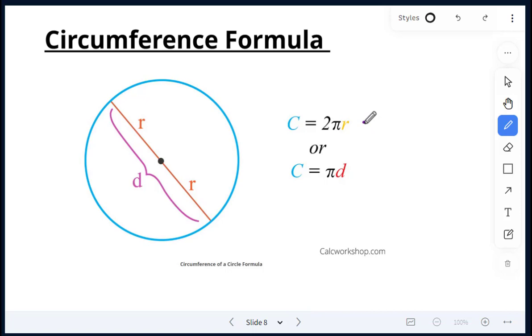You can use the formula C equals 2 pi r. C stands for circumference. This is the symbol for pi. R stands for radius. The other formula you can use is C equals pi d. Again, C stands for circumference, and the d stands for diameter.